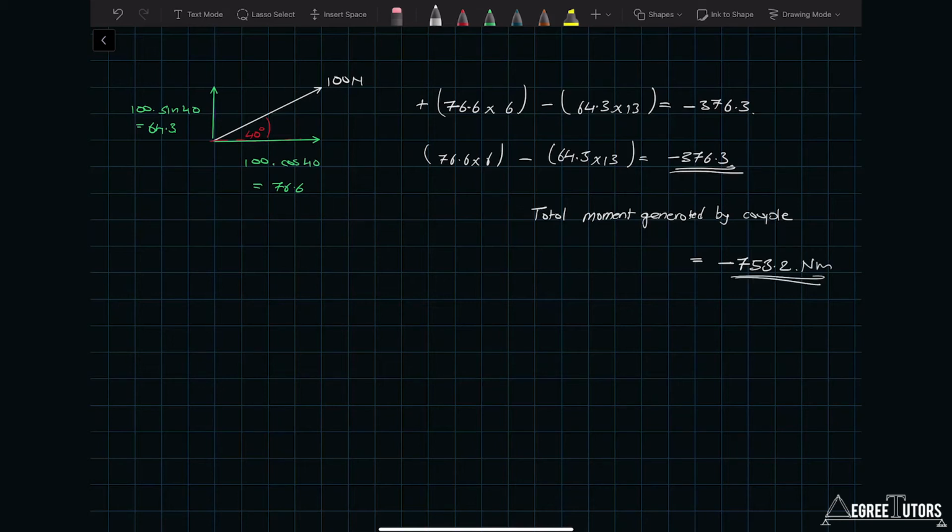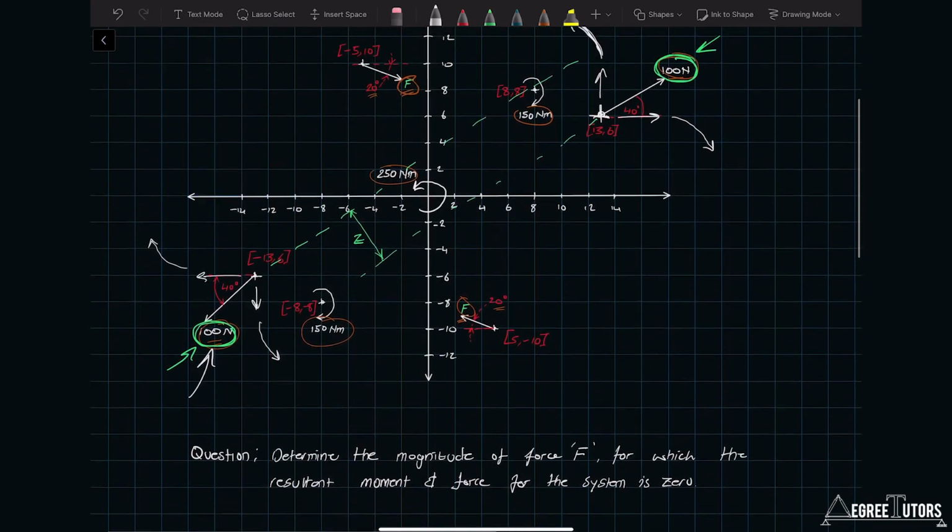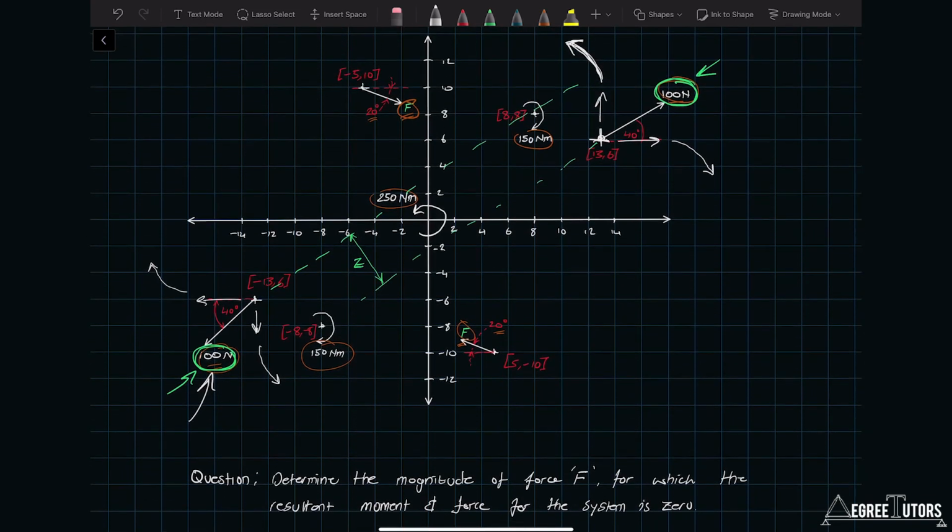Okay, next we have to work out the sum of the moments, so the sum of the directly applied moments. Let's go back up here. That's going to be this 250, this 150, and this 150 down here. So the 250 is negative, counterclockwise. The 150 in the top right is clockwise, so it'll be positive.